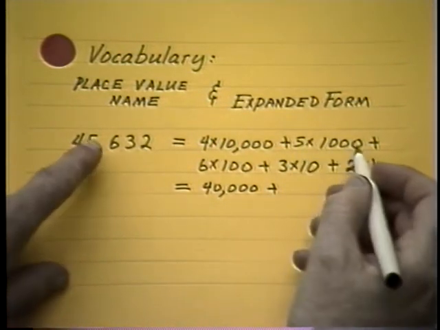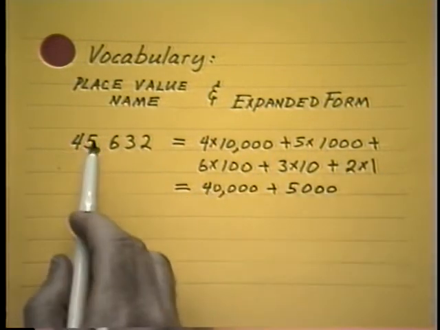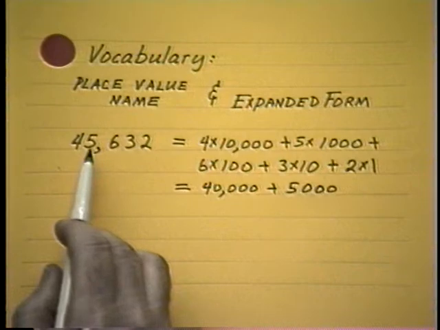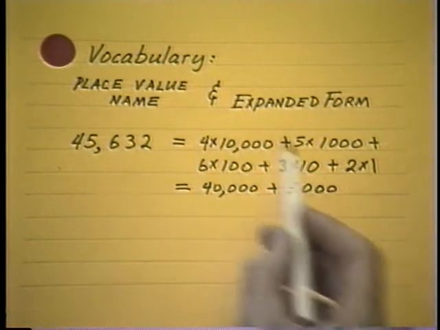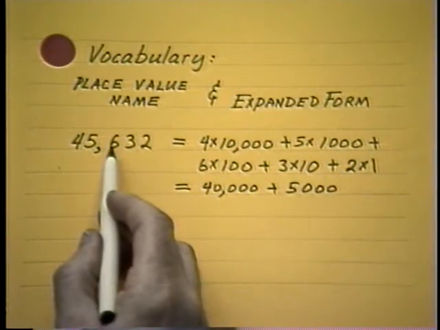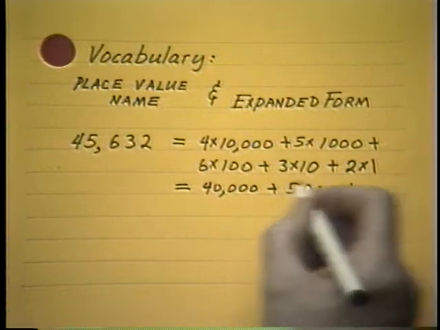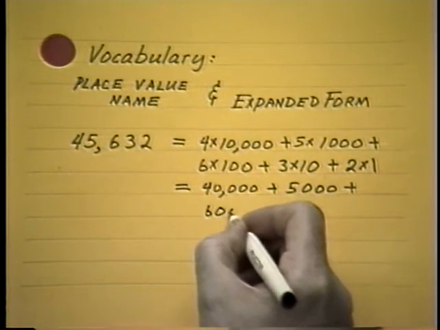And this 5 times 1,000 is 5,000. And see, by placing the 5 in the thousands position, it ceases to be 5 and it becomes 5,000. This 6, by virtue of its position, has become 600.